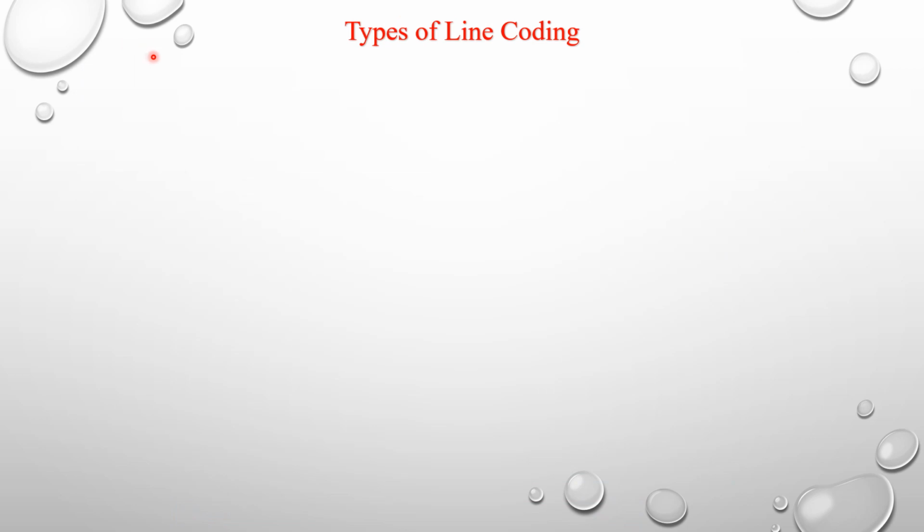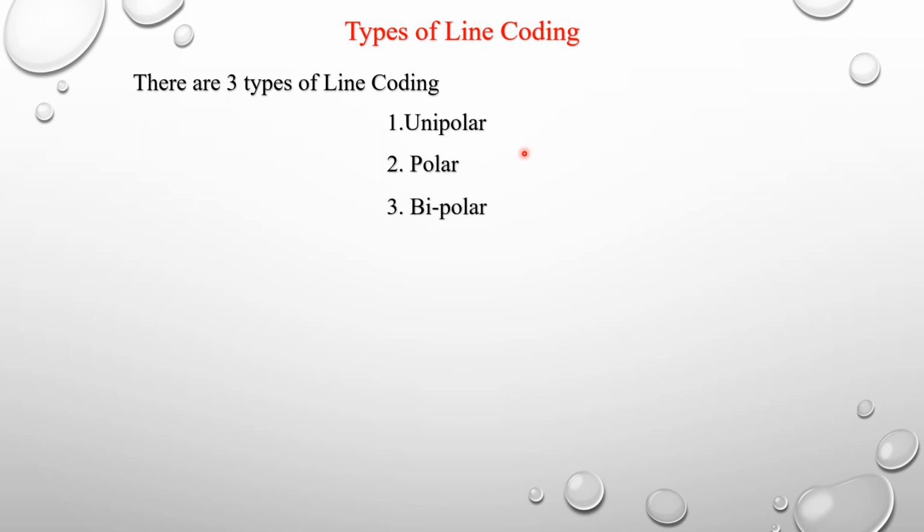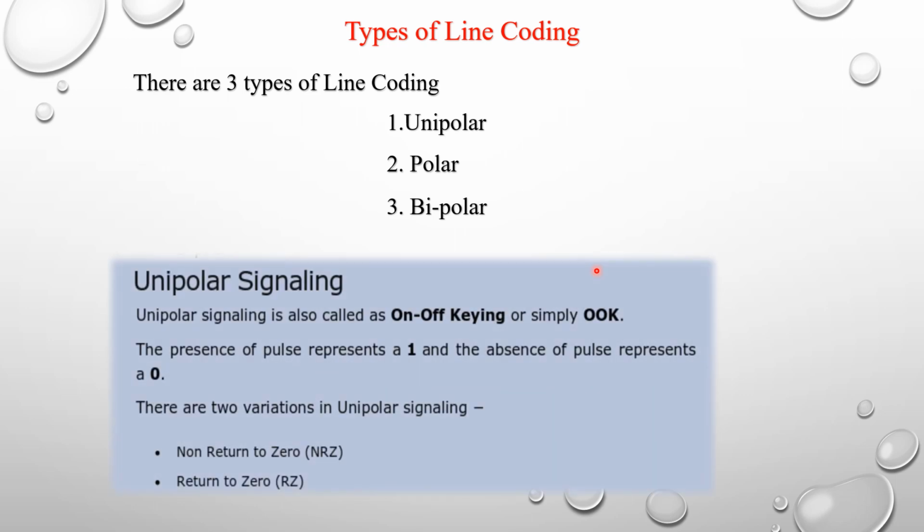Line coding is mainly classified into three types. The first one is unipolar line coding, the second one is polar line coding, and the third one is bipolar line coding. Let's consider unipolar line coding or signaling. Unipolar signaling is also called on-off keying, or simply OOK.